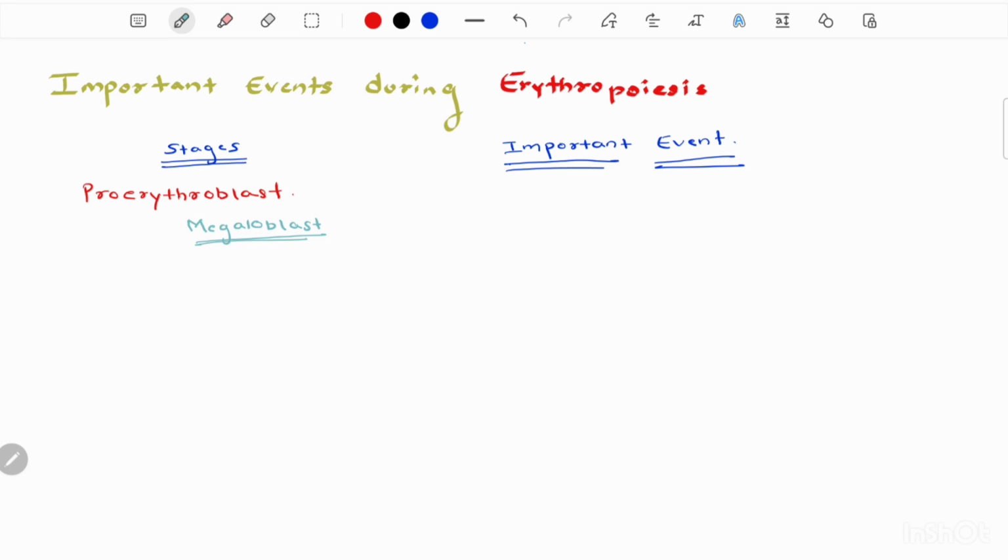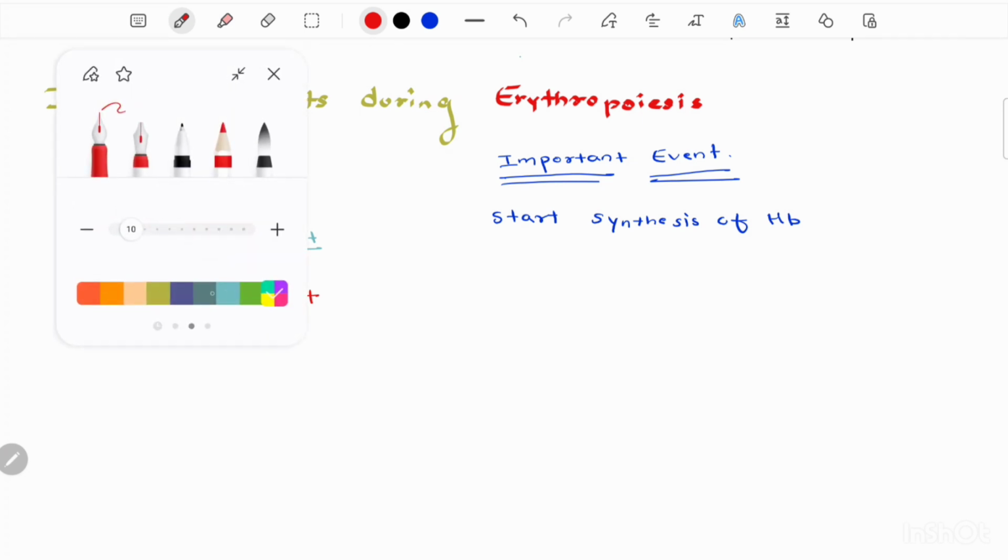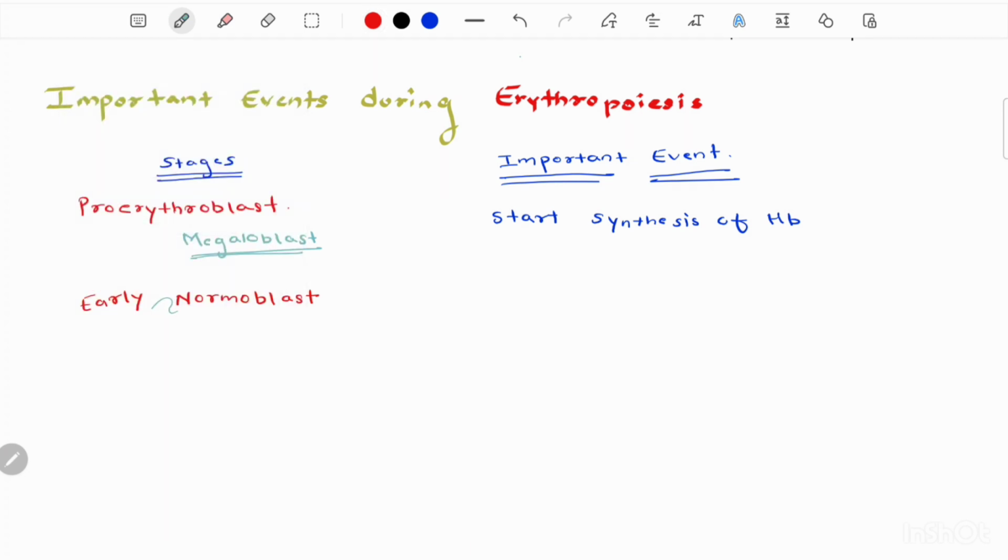The important event was starting of hemoglobin synthesis. The second stage is early normoblast, also known as basophilic erythroblast.